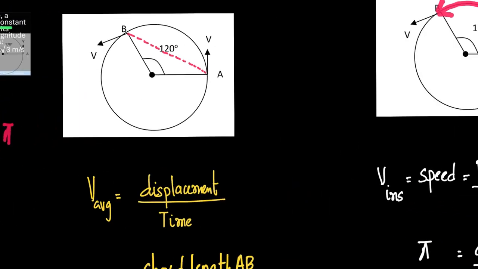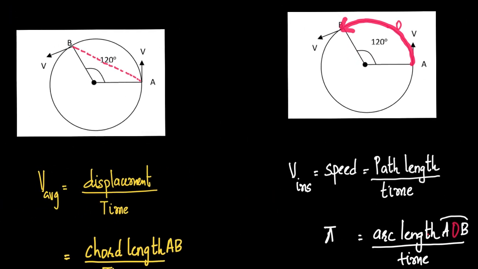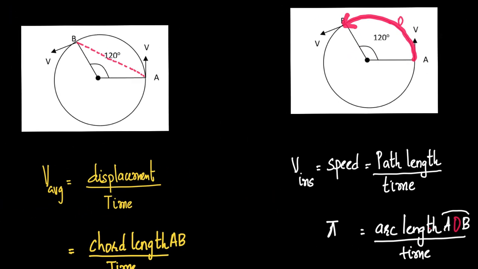Okay, now let us try to understand this question in more detail. So here we can say that AB represents the displacement, whereas this curved length represents the arc length, right?